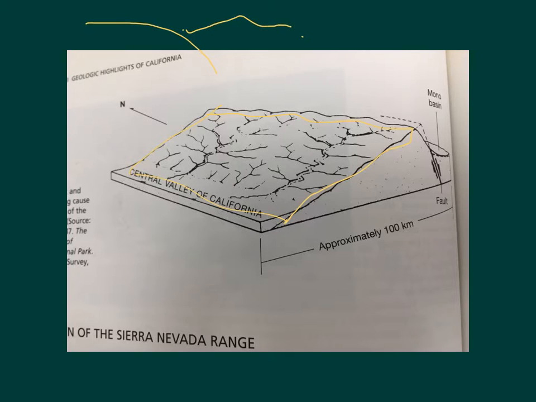So we have this area of buildup, this area in here, where this is being pushed up, and then it gets to a point where it fractures and there's a fault. This sharp fault in here is what creates the Sierra Nevadas. So this whole area in here, the plate is being pushed and forced up because there's nowhere else to go, and we get the Sierra Nevadas.